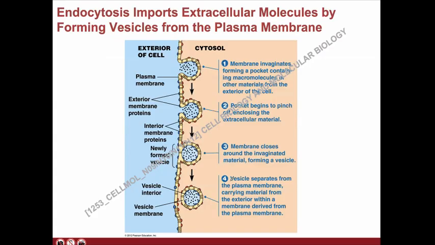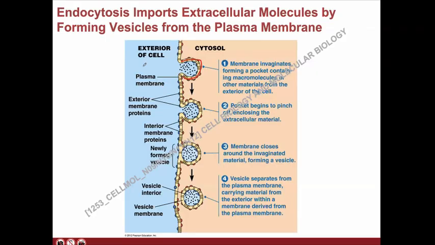This is just an overview of endocytosis, because we will be discussing it in the next meeting, as compared to exocytosis. Endocytosis involves carrying the contents from the exterior of the cell towards the interior of the cell. During endocytosis, a small segment of the plasma membrane folds inward.